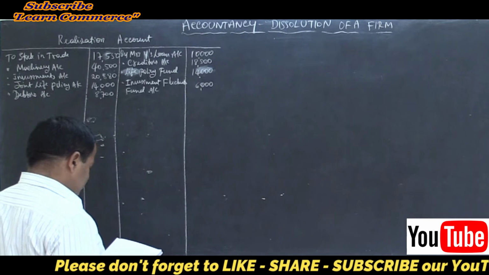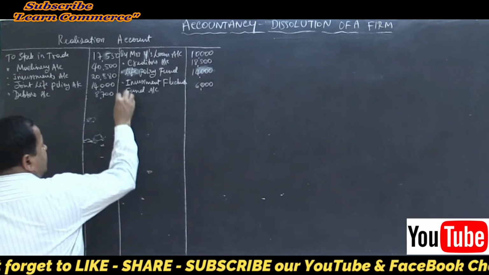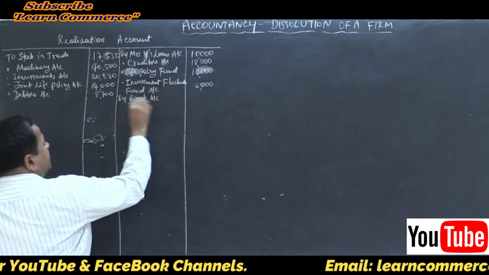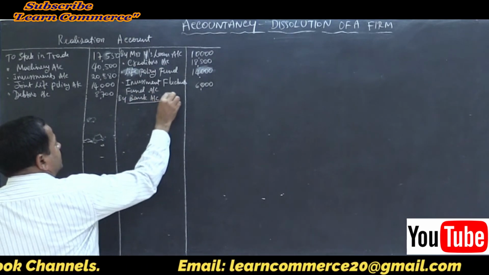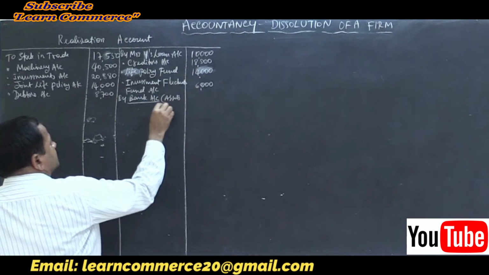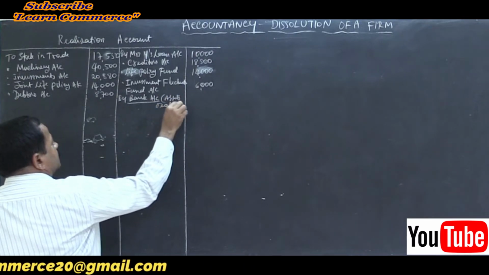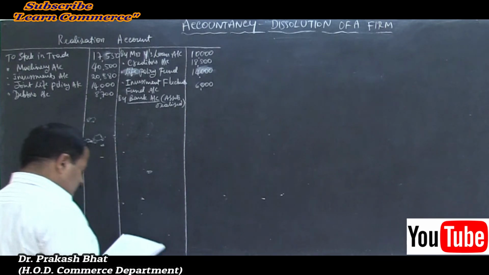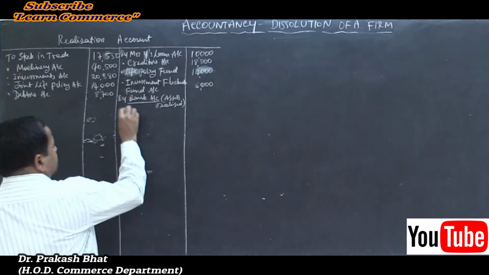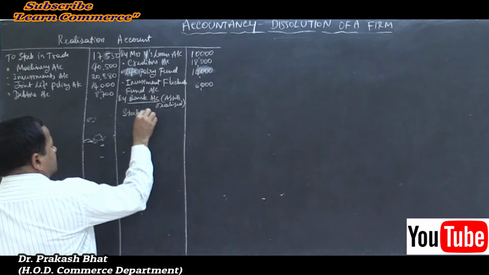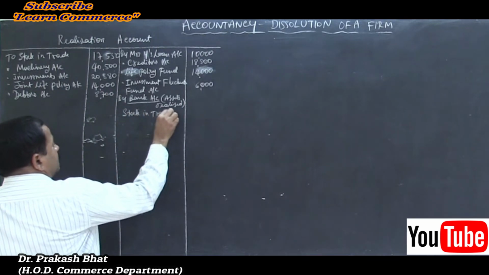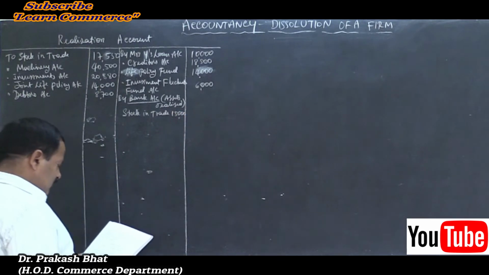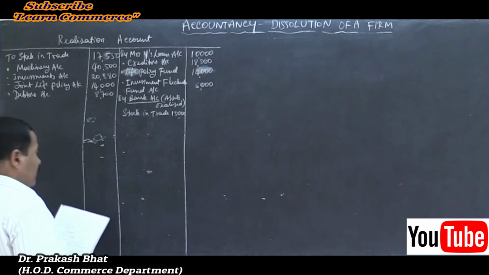Then that's all. Now let us sell the assets by bank account. By bank account, assets realized. How much is it? Go on entering one by one. Stock in trade 15,000. Then machinery account 55,000.